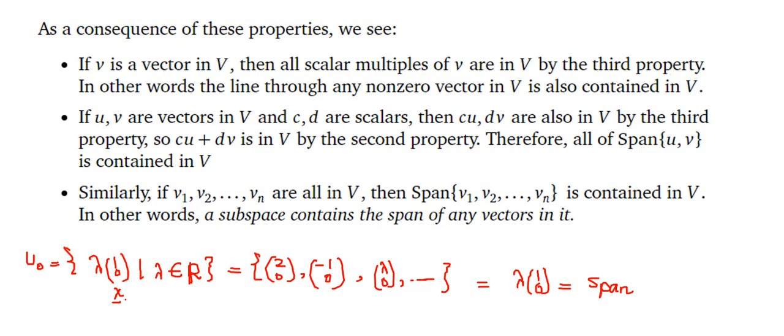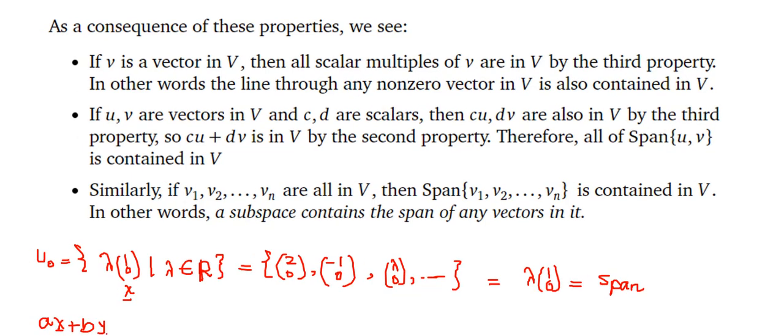Linear combinations of one vector: we know that if we have a linear combination between two vectors, it will be ax plus by, for example. This is a linear combination between x and y, because it's any constant times x plus any other constant times y. So this is a linear combination between two vectors.